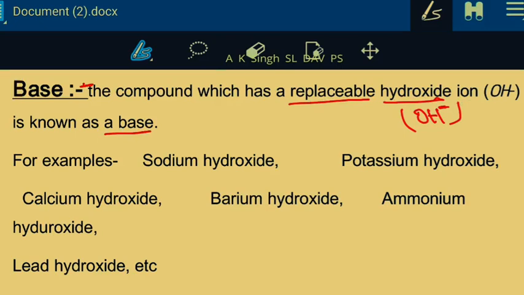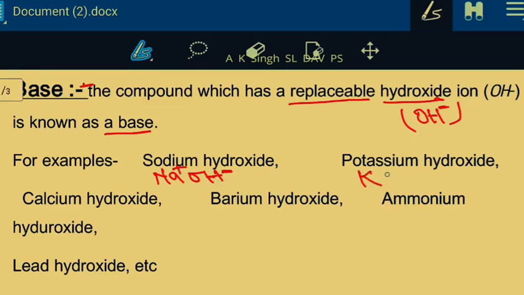Is it clear? For example, sodium hydroxide, its formula is NaOH. OH acquires a negative charge and sodium acquires a positive charge, so it has a replaceable hydroxide ion.